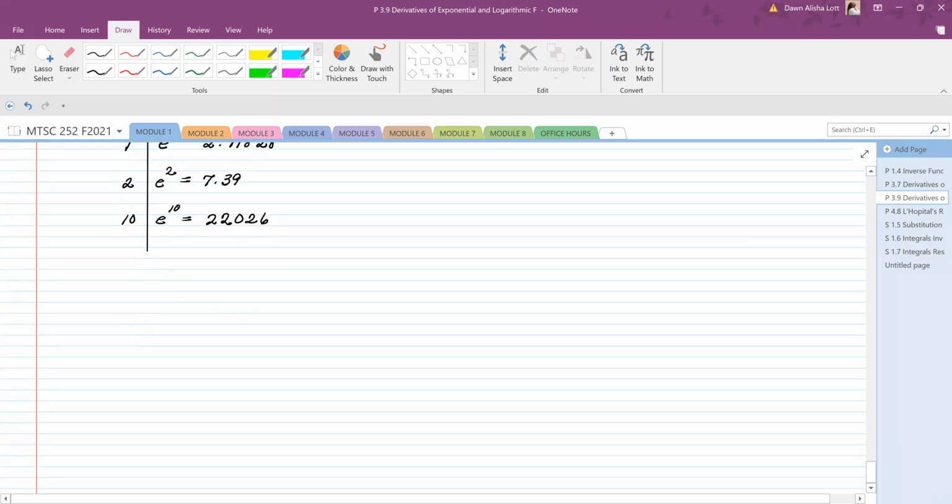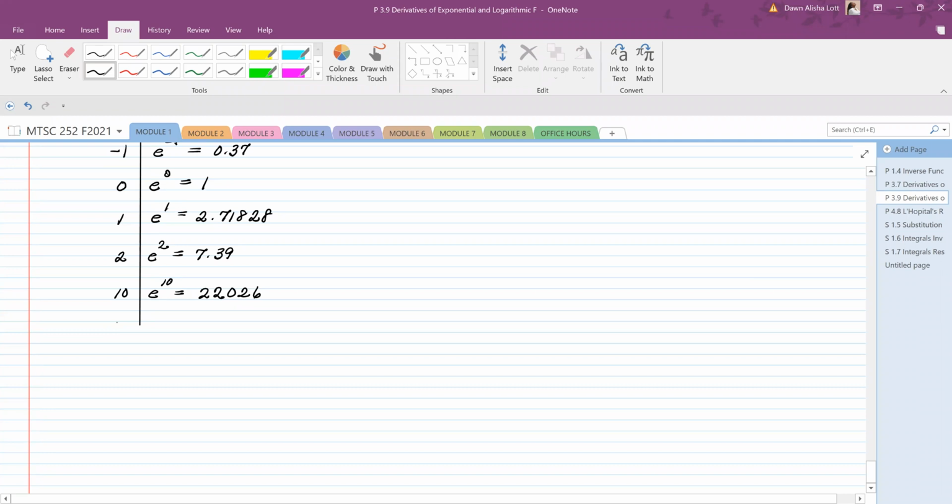And let's say we get really excited and we go to compute e to the 100th power. And that number is 2.6881 times 10 to the 43. So as you can see, these numbers are blowing up.